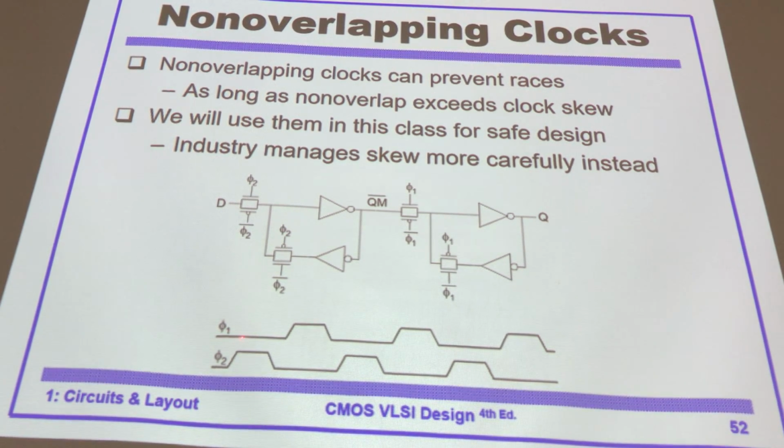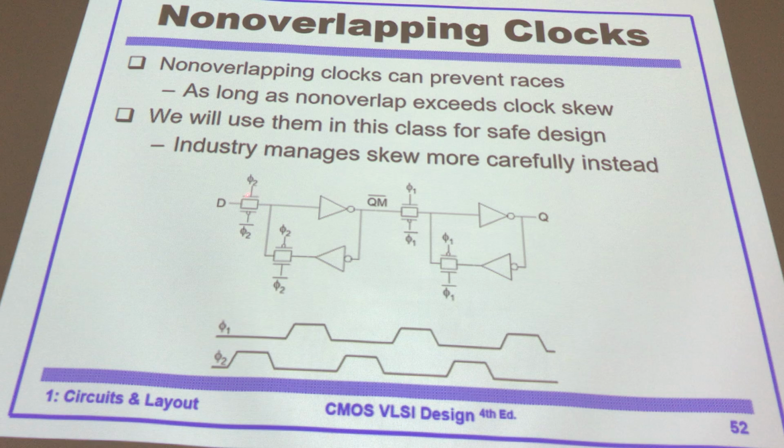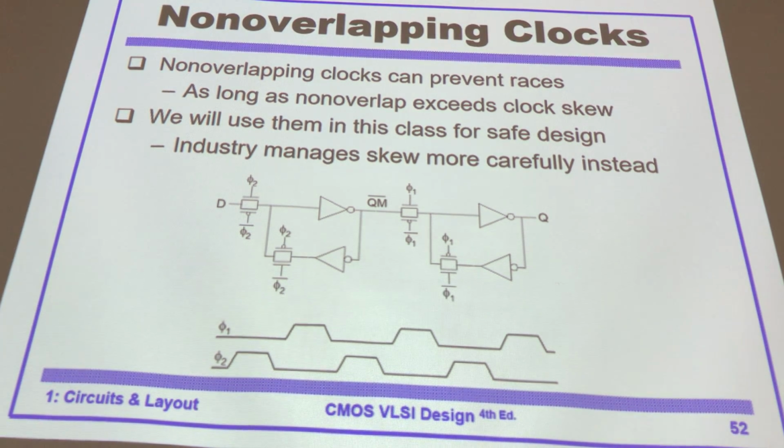when you look at the circuit, this is a D flip-flop. Phi 2 controls the first switch. Phi 1 controls the second switch. And when phi 2 goes up, here it gets through, and this one is off.